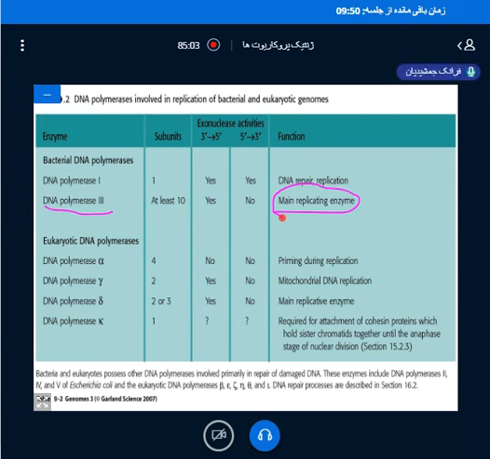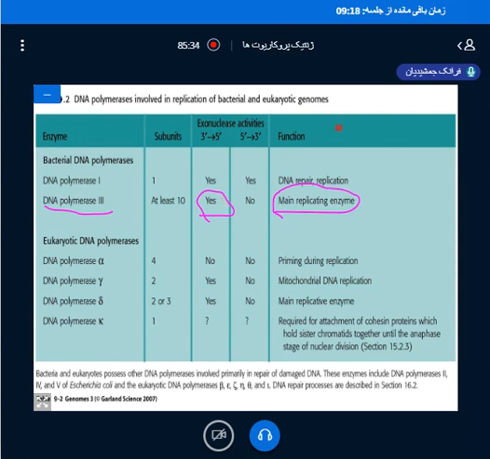Okay, so I told you the function, the direction of replication is 5' to 3'. So look at this. We have some exonuclease activity. In DNA polymerase 3, we have 3' to 5' exonuclease activity.